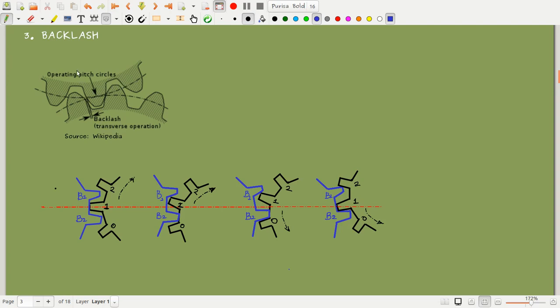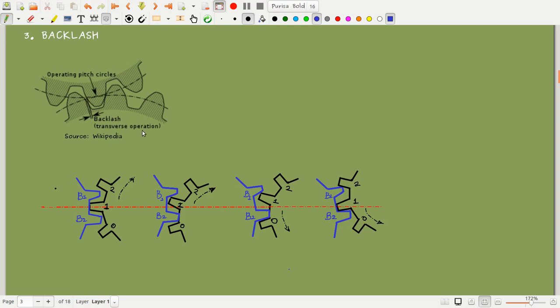That means we are trying to transmit different speeds from one speed to another speed. That is why we are using a gear train here. I have shown a picture where this is the tooth of one gear and this is the tooth of the other. Let this be the drive gear and let this be the driven gear.